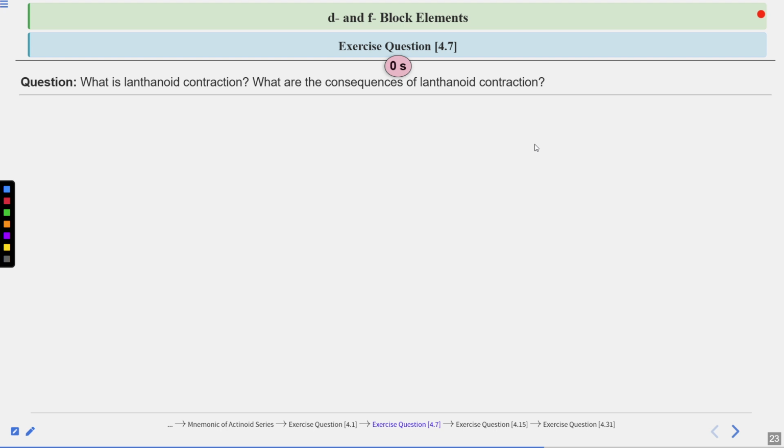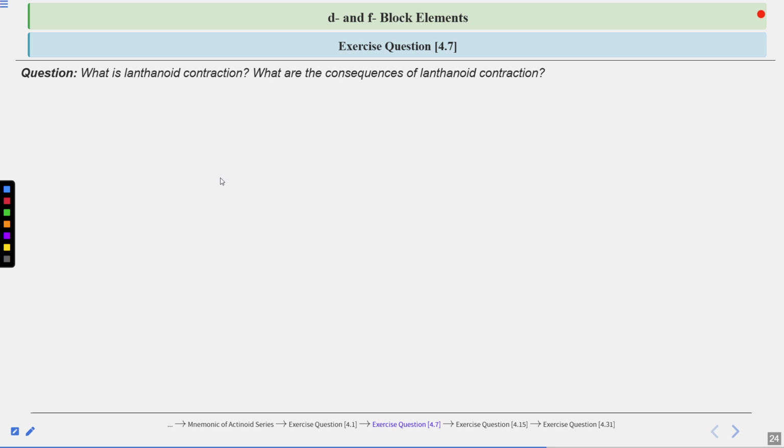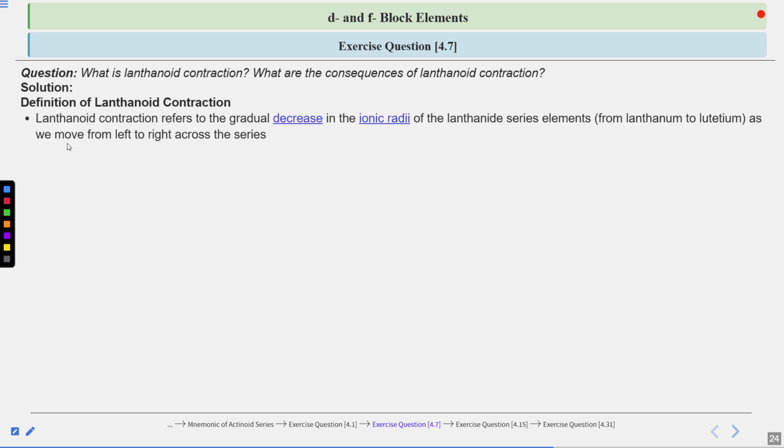Okay, let's see. So the lanthanoid contraction, let's see the definition of it. The lanthanoid contraction refers to the gradual decrease in ionic radii of lanthanide series elements from lanthanum to lutetium as we move from left to right across the lanthanoid series.